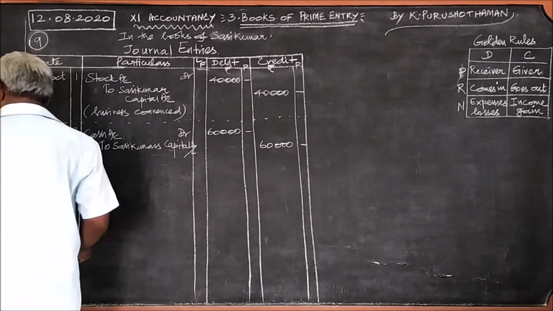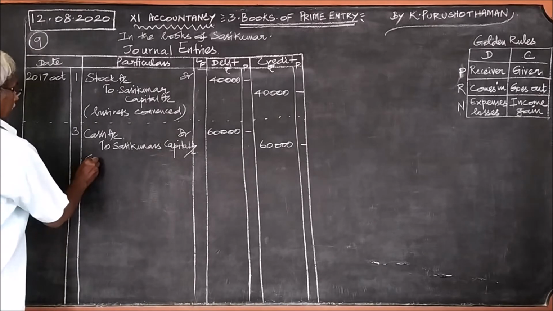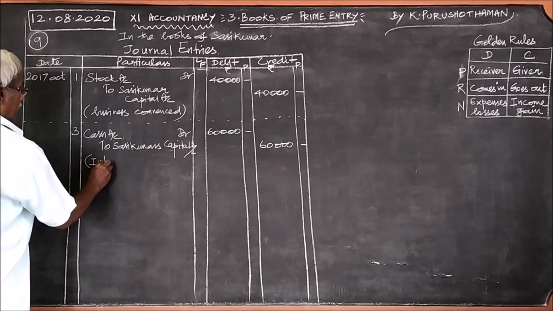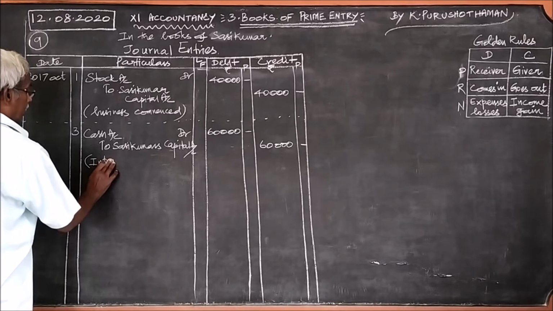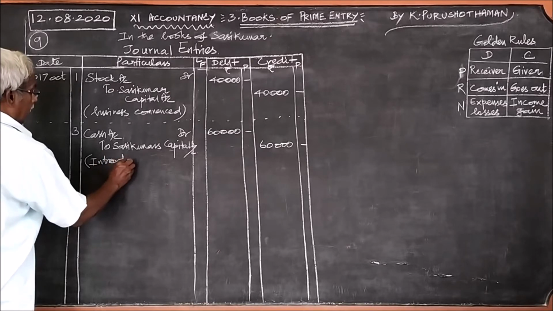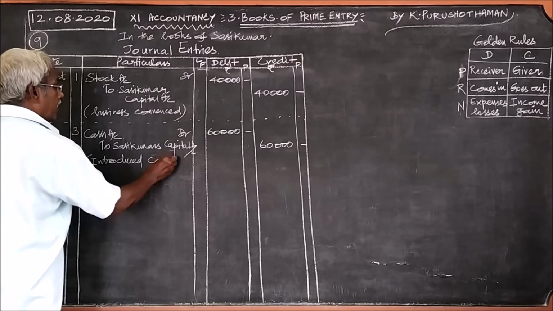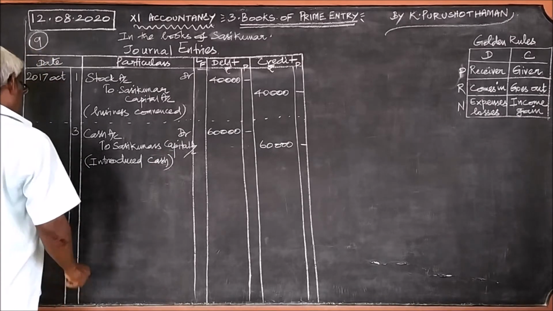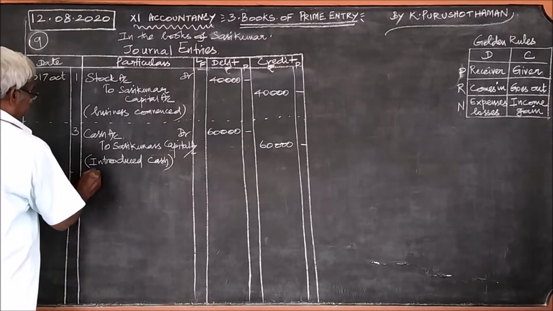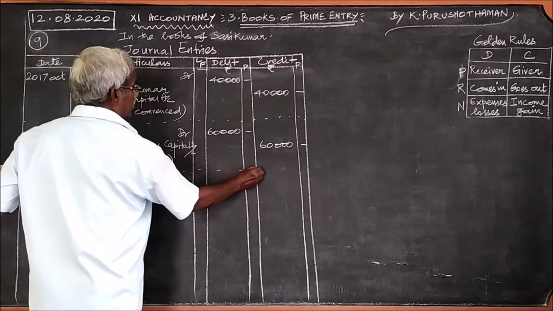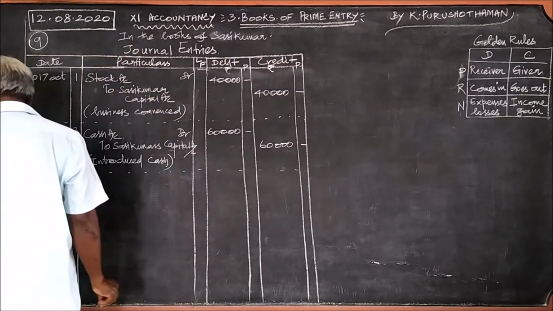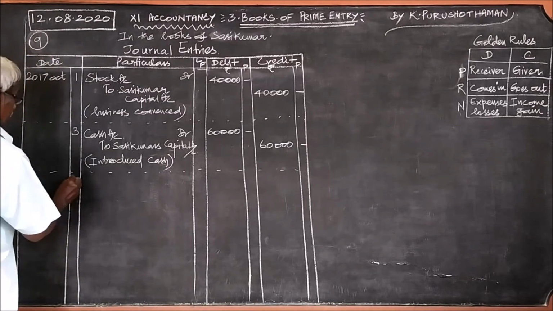That is cash introduced, or introduced cash. That's it. Then this is over. Then after third, it is fourth.